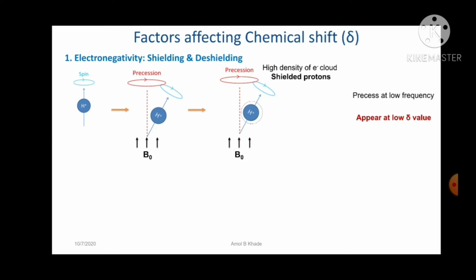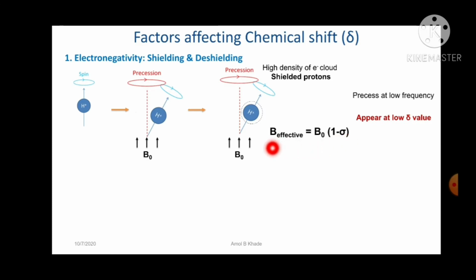So what happens if the electron cloud surrounding the nucleus of the proton is very dense? Then it will protect this nucleus in a very strong way from the influence of the external magnetic field. So if the proton is surrounded by the electron cloud, the net magnetic field experienced by the nucleus is no longer just B0, but is reduced by sigma.